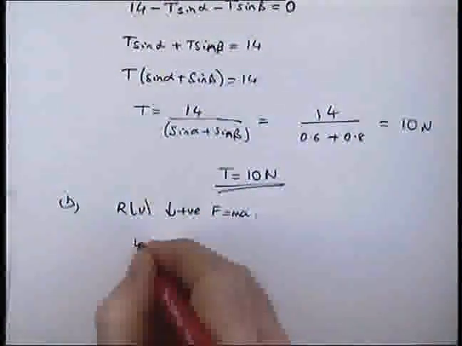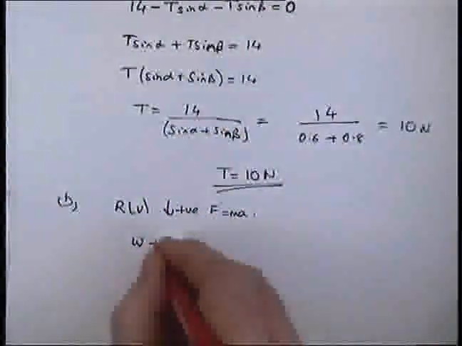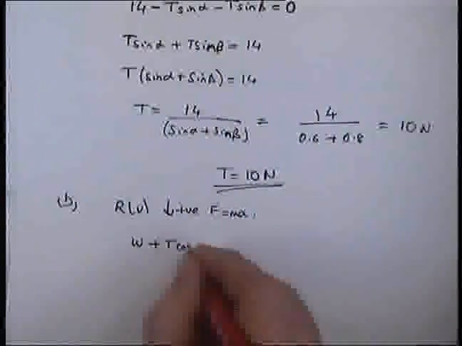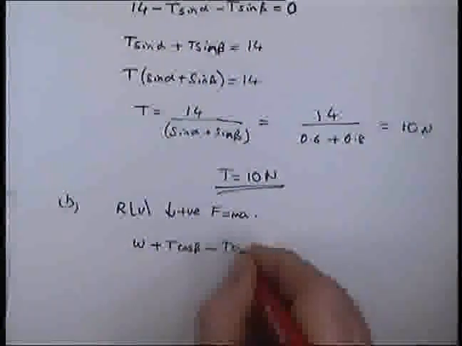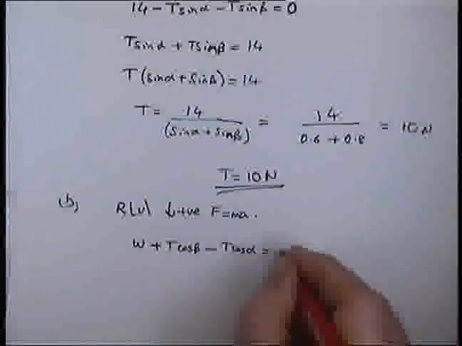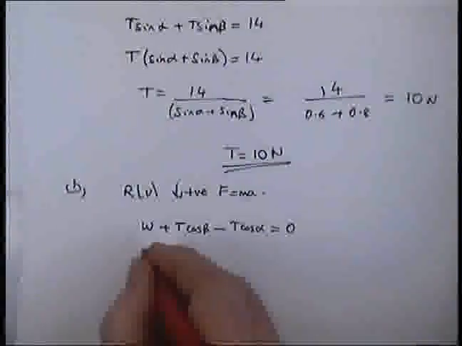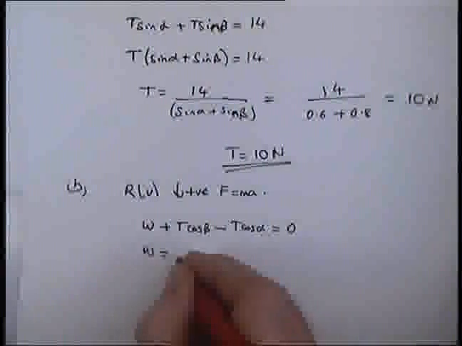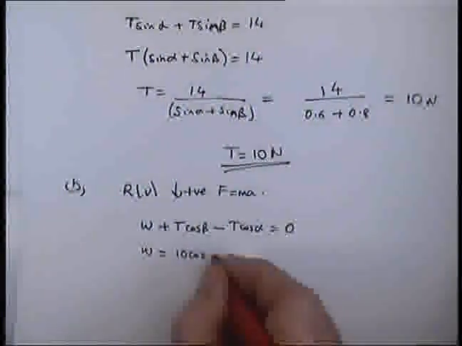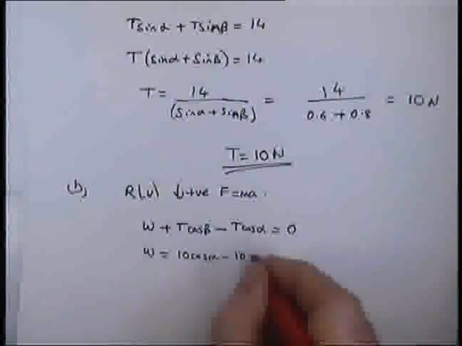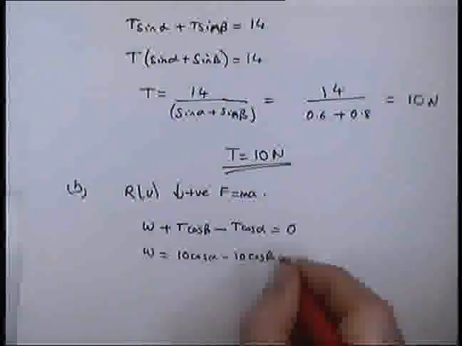Anything acting downwards is positive, so we get W plus T cos beta minus T cos alpha is equal to 0. So W is equal to 10 cos alpha minus 10 cos beta.